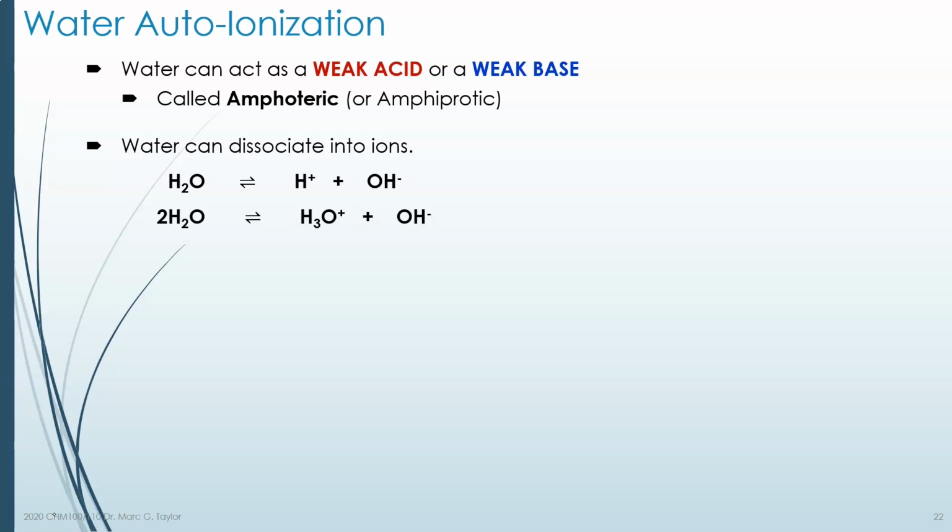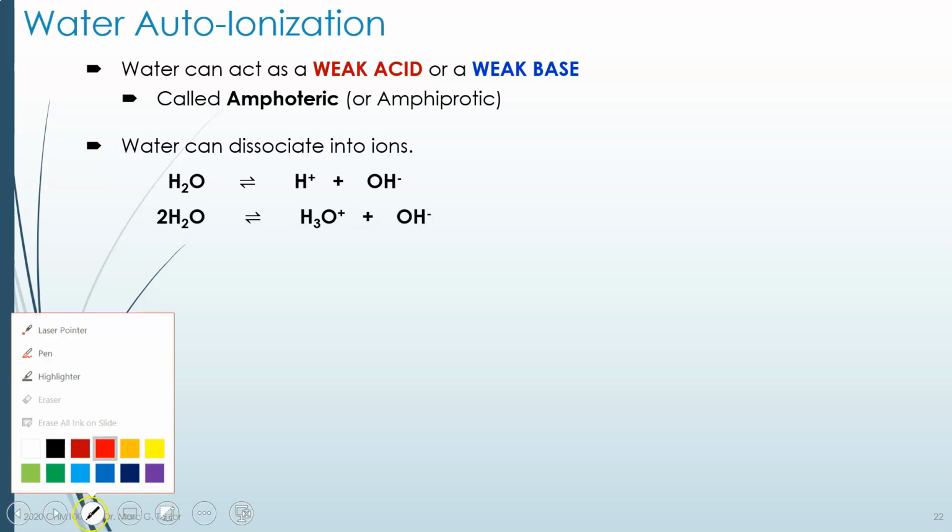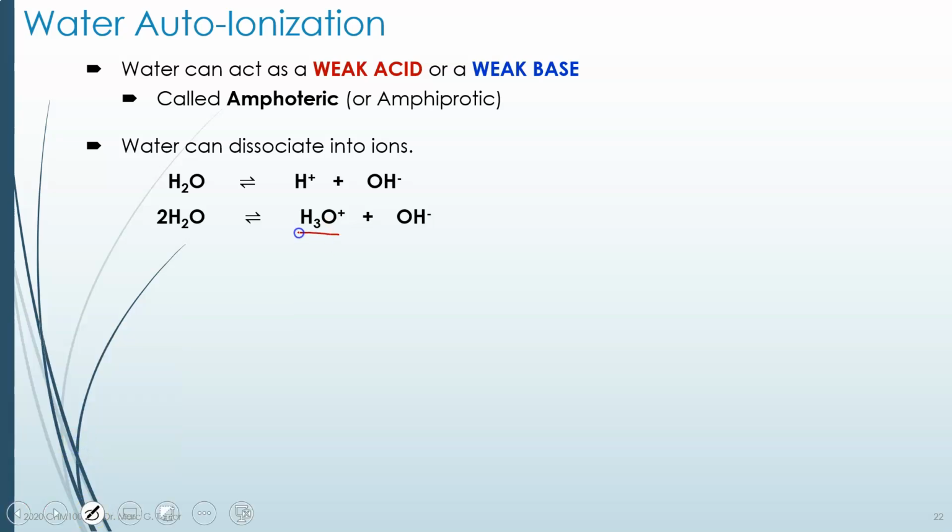So it's water plus water gives a hydronium ion, not the proton, because hydronium is always going to react with another water. A hydronium ion plus hydroxide. So one of our products is, in fact, our conjugate acid of water, and one of the products is our conjugate base of the other water.